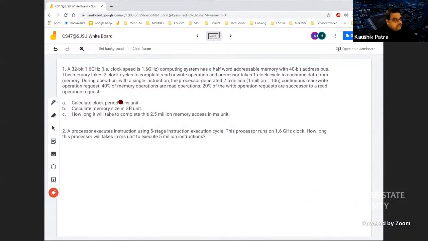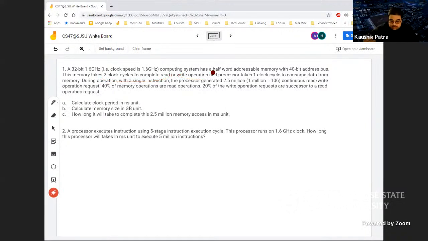So what is given is that there is a 32-bit, 1.6 gigahertz, that is the clock speed is 1.6 gigahertz, computing system that has half-word addressable memory with a 40-bit address bus in it. This memory takes 2 clock cycles to complete read or write operations.